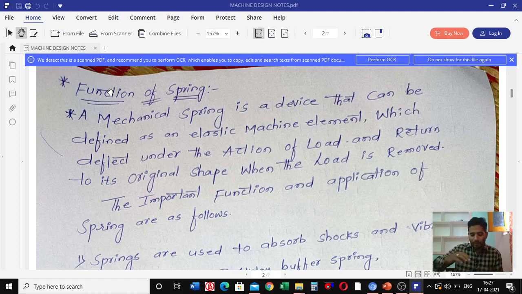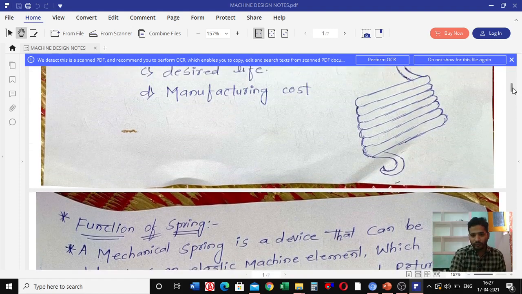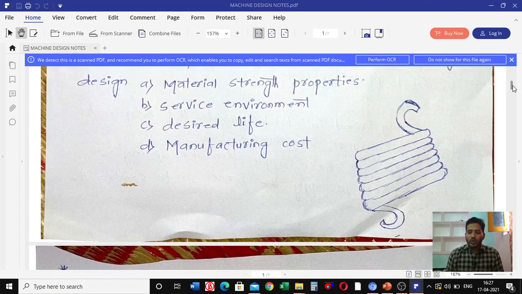Let us see an example. I'm taking an example of the same spring. This is the above hook and this is the below hook, and this is the number of turns of the spring coils.